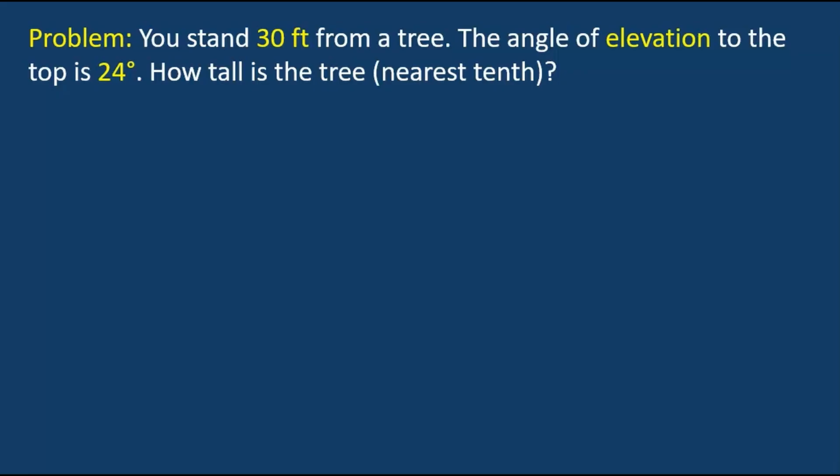All right, so this is our classic problem of the person that is standing away from a tree. So we're going to draw our person here. We will draw our line of sight, which, since we were not given the height of the person, is also the ground.